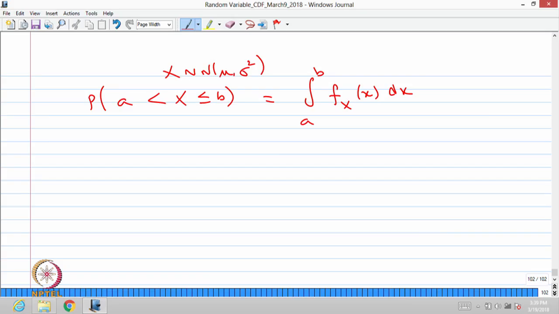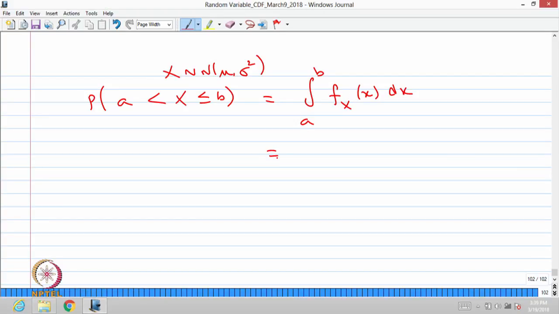So, what we do is first transform this whole probability computation into the standard normal distribution form. Then we give a table of numerical integration to evaluate the integration. Therefore, you can get the probability. Let's do the same thing. The probability that x lies between a and b is the same as (x minus mu) divided by sigma lying between (a minus mu) divided by sigma on the left side and (b minus mu) divided by sigma.